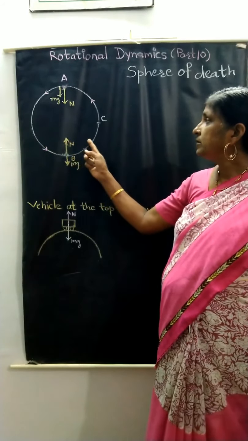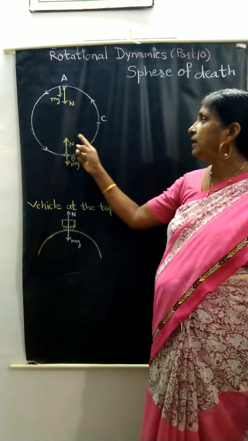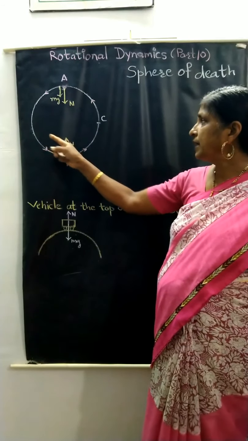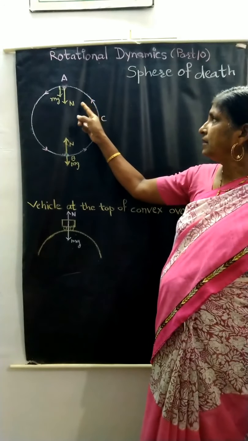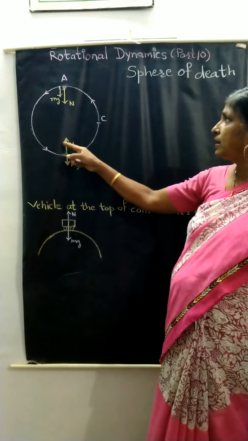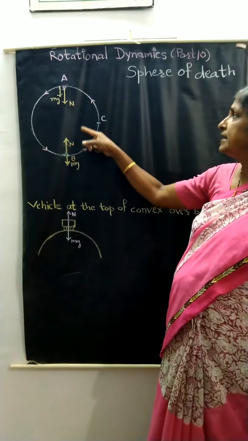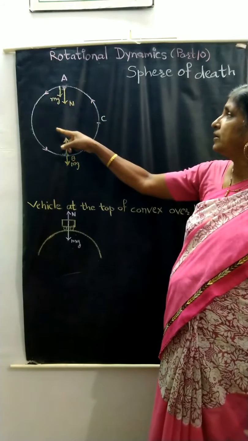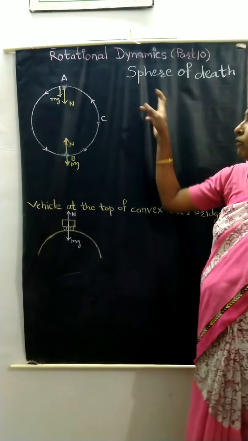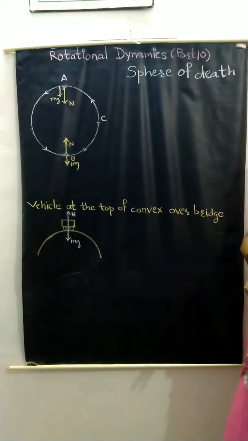The radius of the horizontal circle goes on increasing, then it tries to perform vertical motion, and then exactly the vertical circular motion is performed by the motorcycle rider.